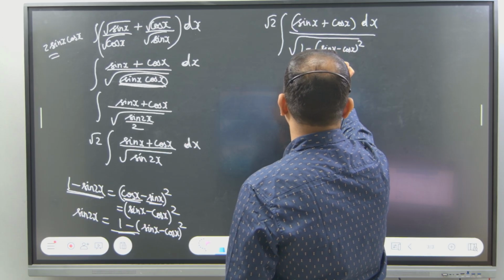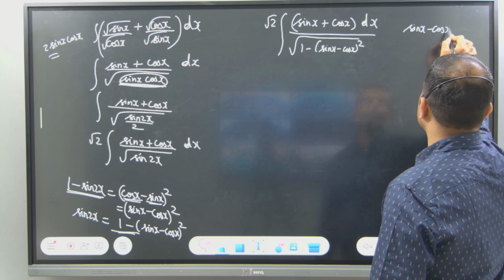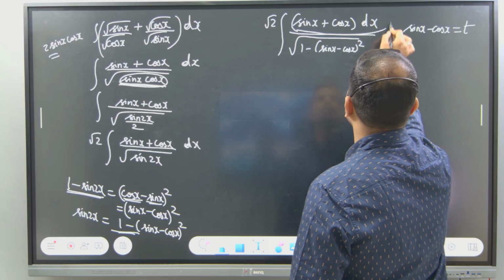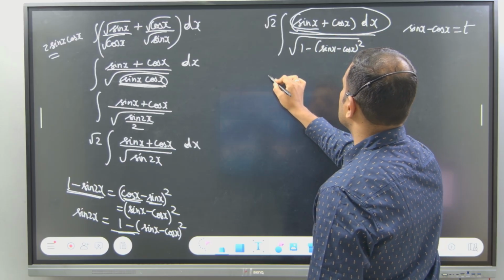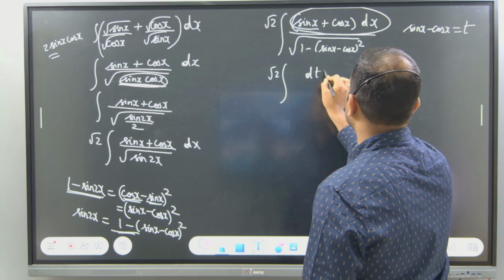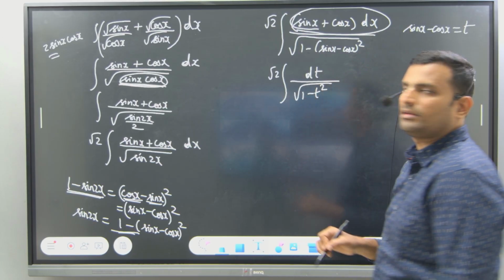Now you put sin x minus cos x as t, obviously then this will become dt, right? So what is the answer? Root 2 dt by root of 1 minus t square.